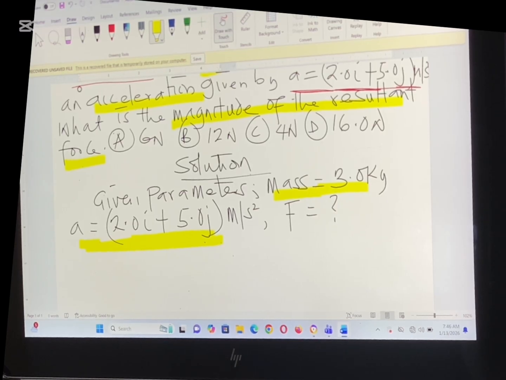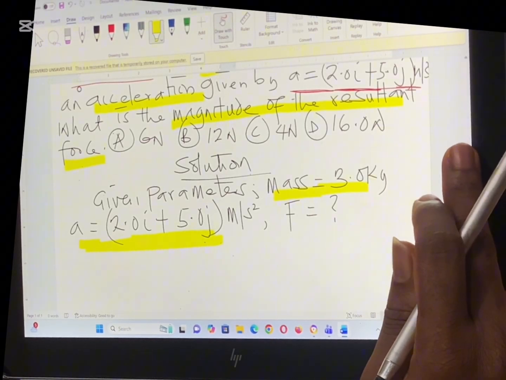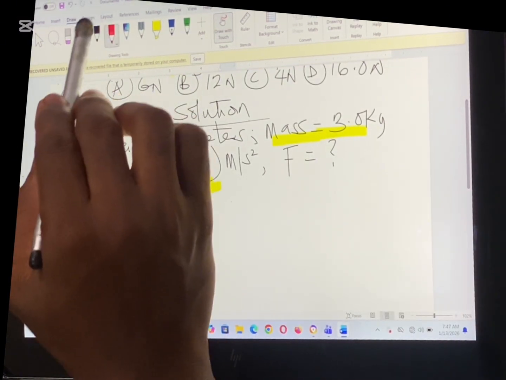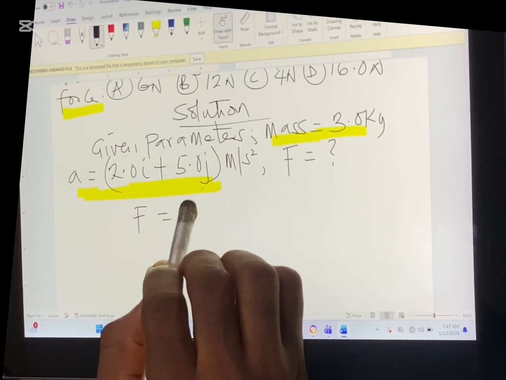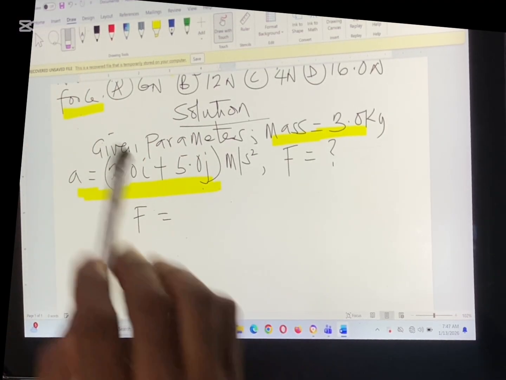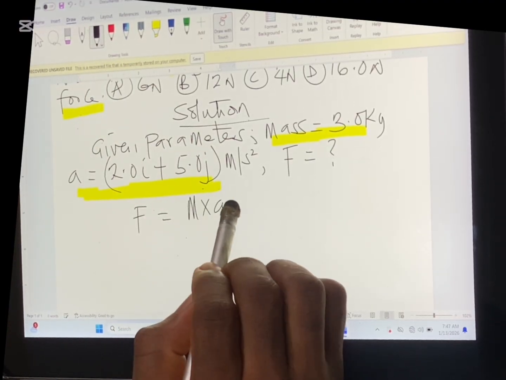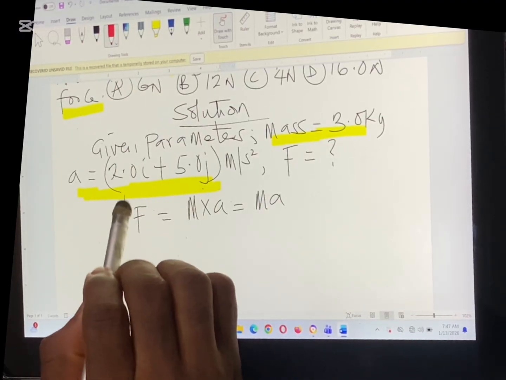That formula is taken from Newton's second law. That is F. Please take note. F is equal to mass times acceleration, which is ma. Please take note of this, okay?